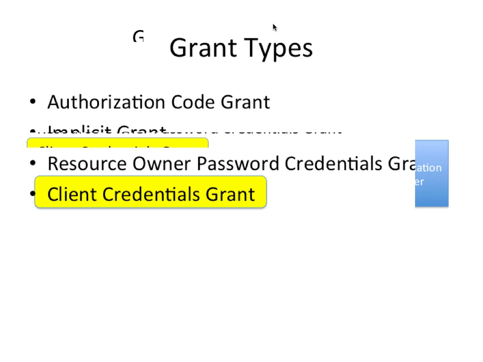For example, an HR application or a recruitment application. Now what happens over there is the Google Apps admin will give a full grant to that application beforehand. So for example, the recruitment application needs to have access to my calendar. Not only my calendar, the entire organization calendar.